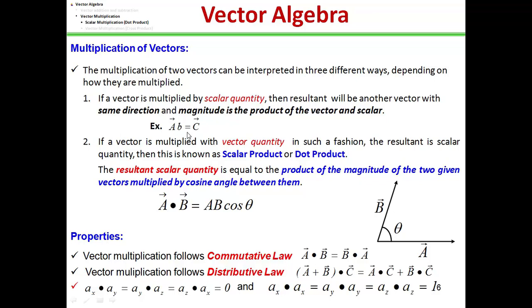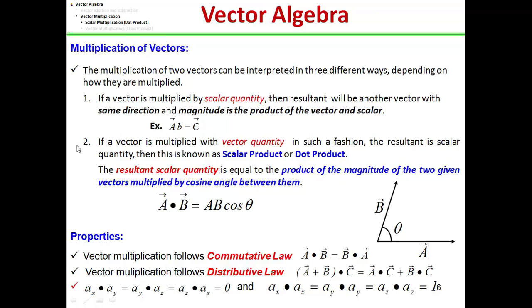For example, vector A is multiplied with the scalar quantity b, so the resultant will be vector c. Vector c will have the same direction, but its amplitude is the product of b with the amplitude of vector a.